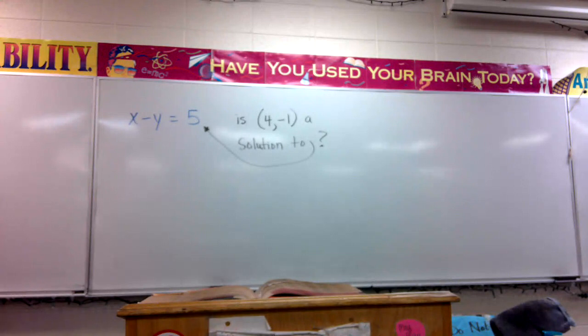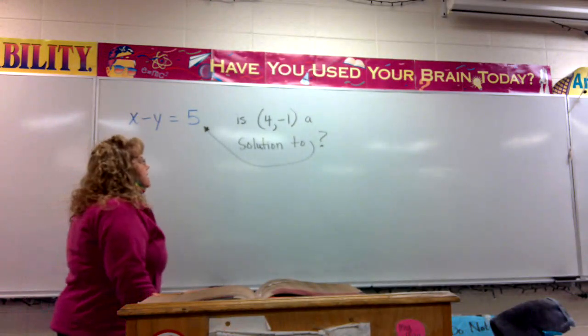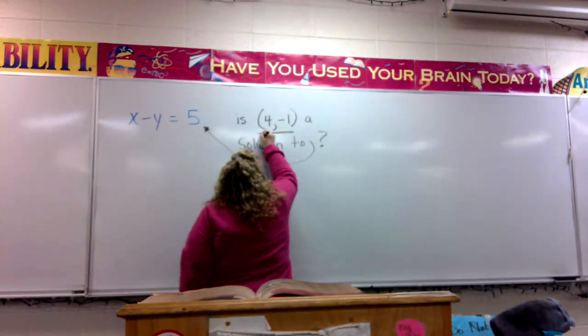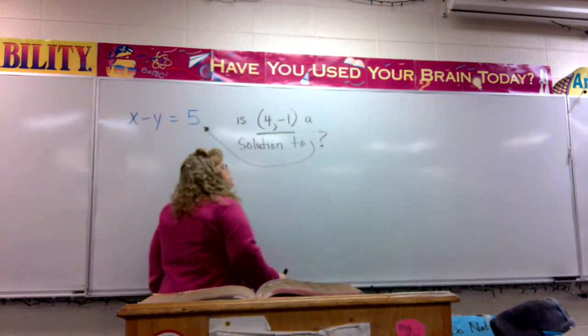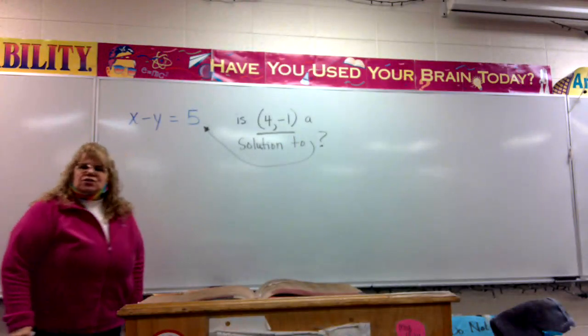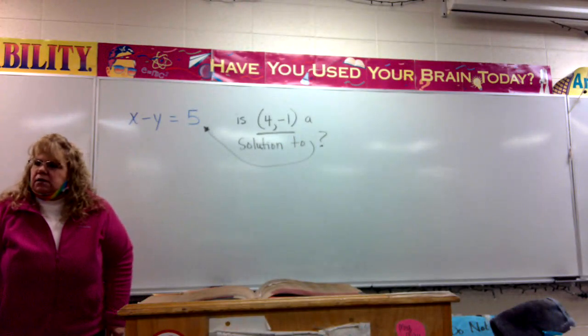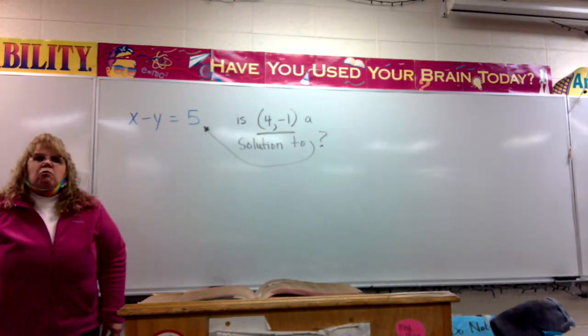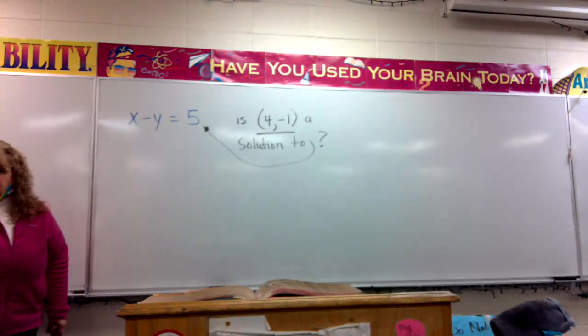Well, if it's a solution, when we plug those in, you should get a true statement. But before we can even plug it in, you need to remember that thing is called an ordered pair. Why is it called an ordered pair?